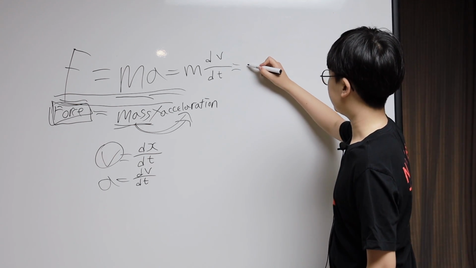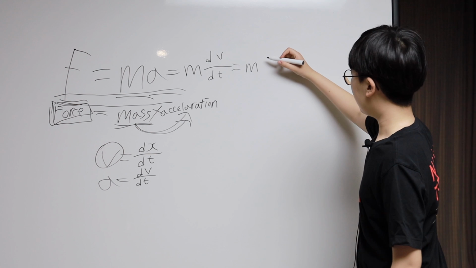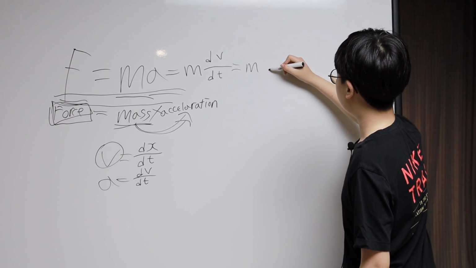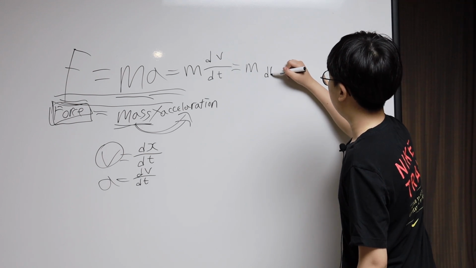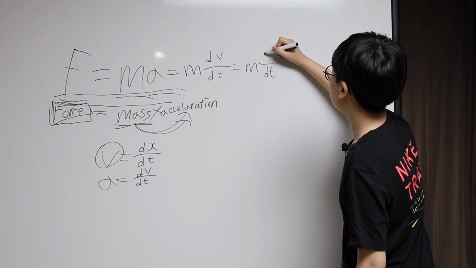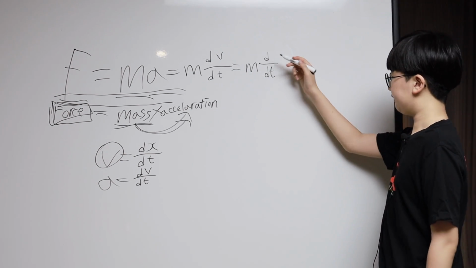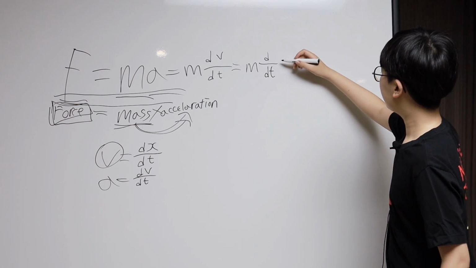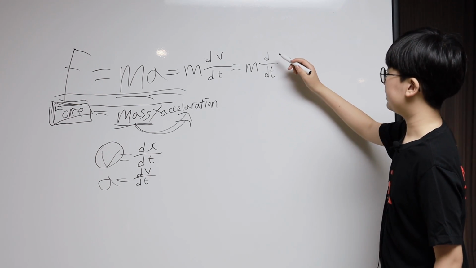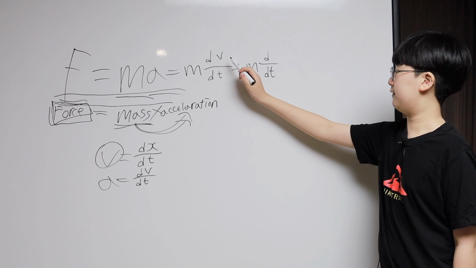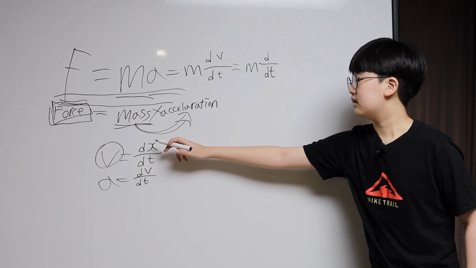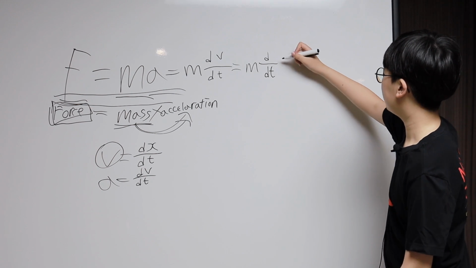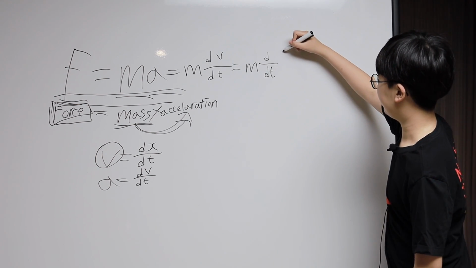So this is basically mass times the d difference, because difference of velocity, the velocity is dx over dt. We just put it over here.